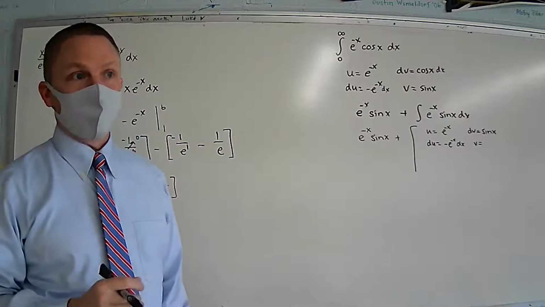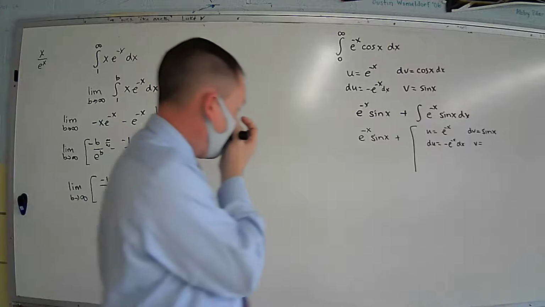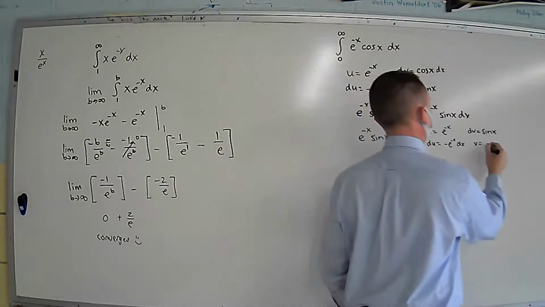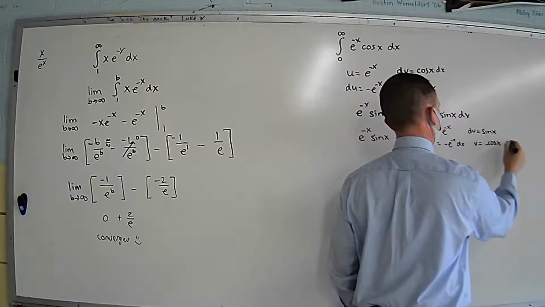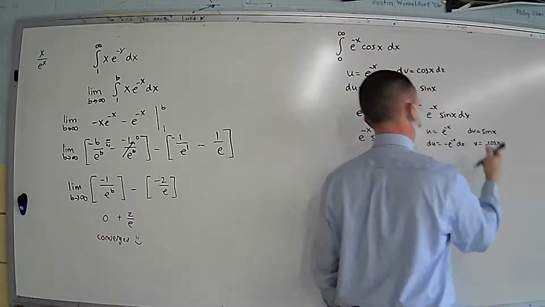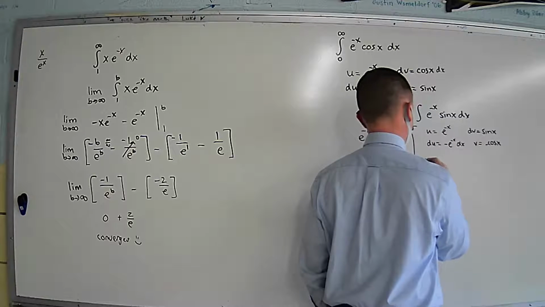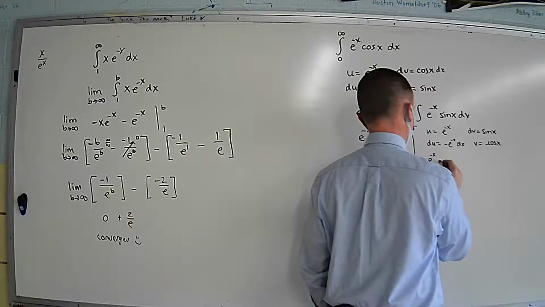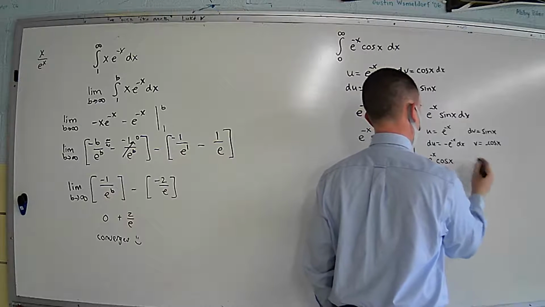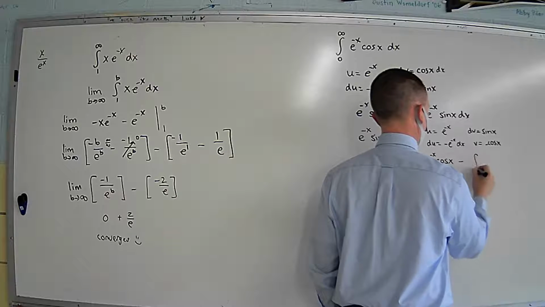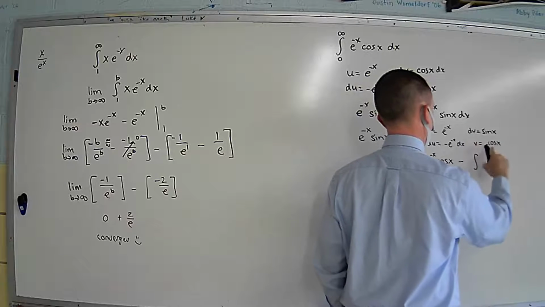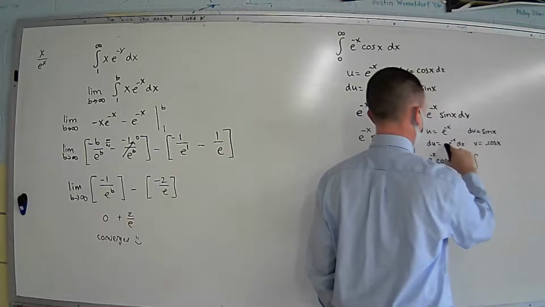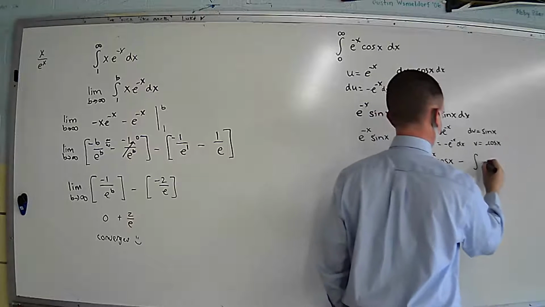So what's the antiderivative of sine? Negative cosine. Right? So I have u times v minus the integral of v du. So this is minus, that's going to be plus.